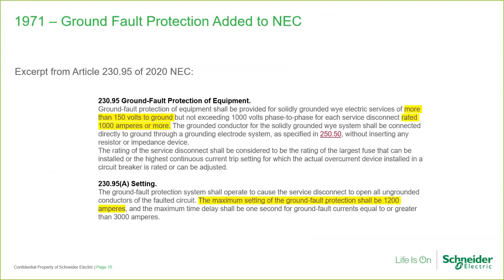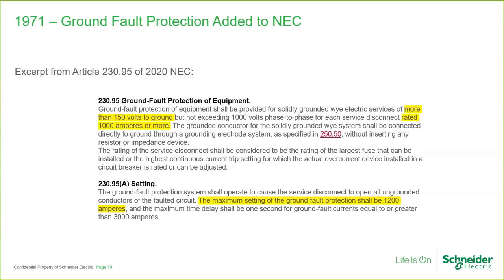To protect against arcing ground fault burndowns, ground fault protection of equipment supplied by solidly grounded low voltage systems was added to the National Electrical Code in the US in 1971. Here's an excerpt from today's 2020 NEC, section 230.95.